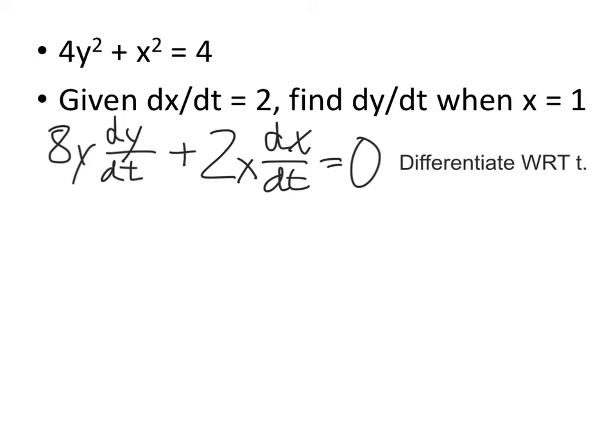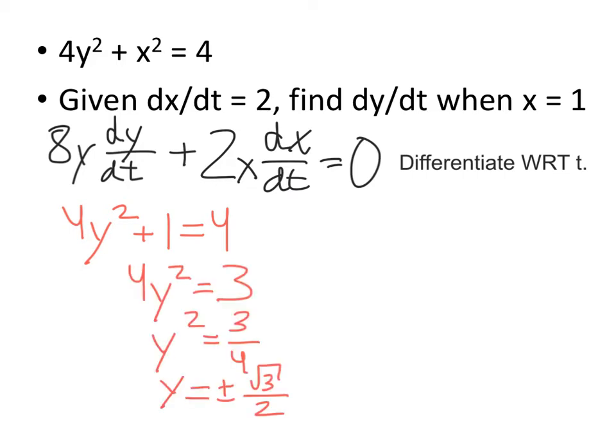So by substituting x equals 1, we get the equation 4y squared plus 1 equals 4, and can solve that for y. So I subtract 1 from both sides, divide both sides by 4, and then take the square root, and y can be positive or negative square root of 3 over 2.